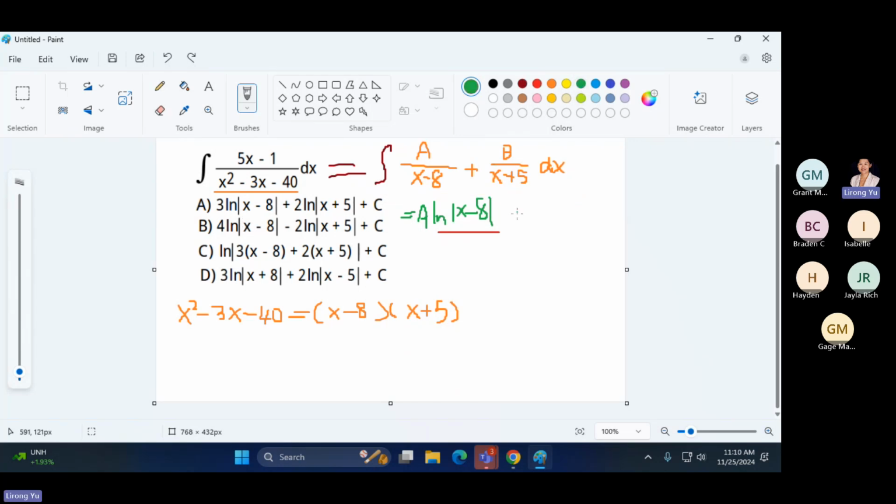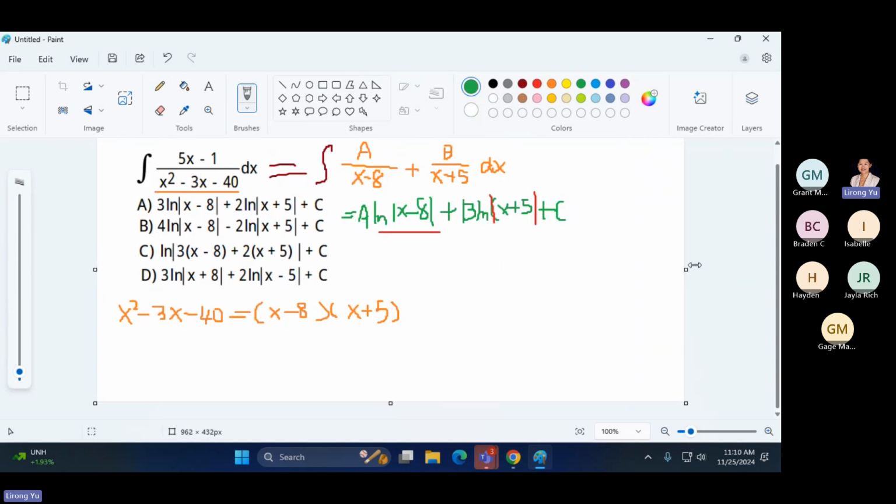So similarly, for the second summation part, we have plus b times ln of the absolute value of x plus 5, and then plus c.